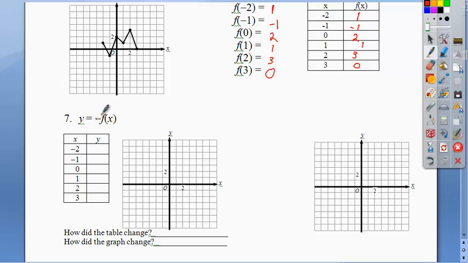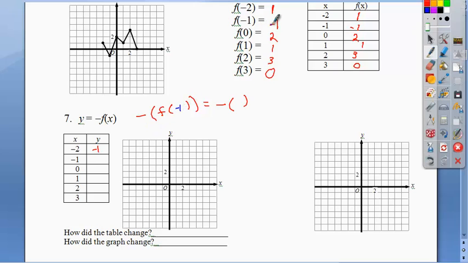So keep in mind that while we're doing these, f of x is just a generalized format. Again, I'm going to look at this and say negative, parentheses, f of, and then depending on what the x value is, in this case negative 2, it equals negative times whatever the value of f of negative 2 was, which in this case was 1. So negative 1. I'll go through the list of my x values, and here I'll use blue.